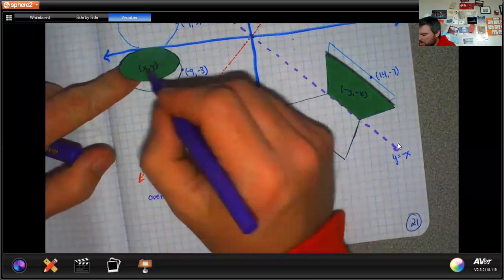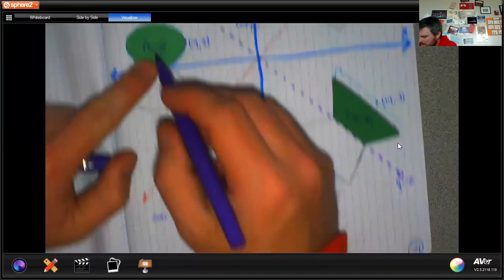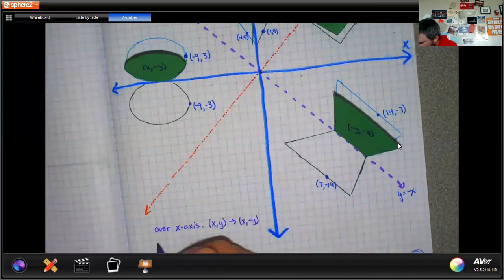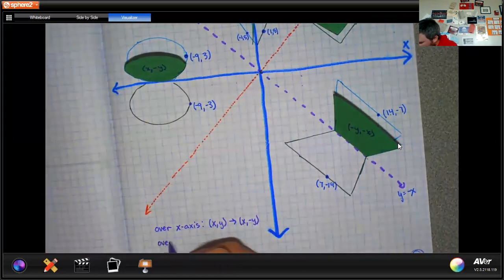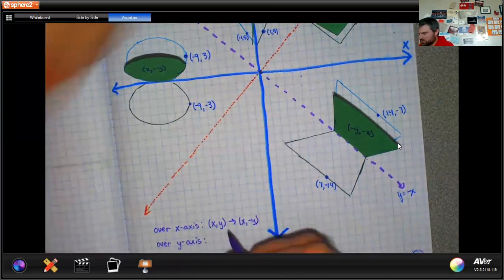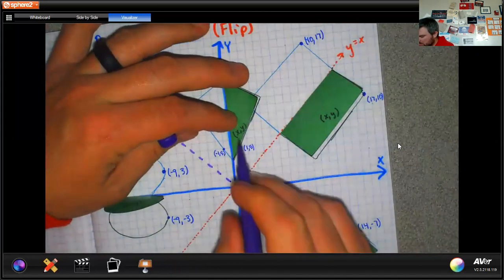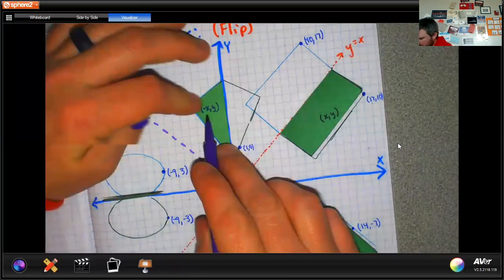So it went (x, y) to (x, -y). The next one is over the y-axis, which was our triangle. They always start (x, y). It went (x, y) to (-x, y).